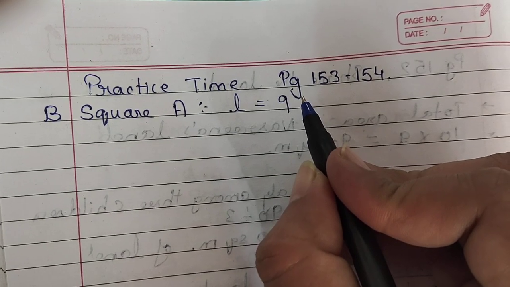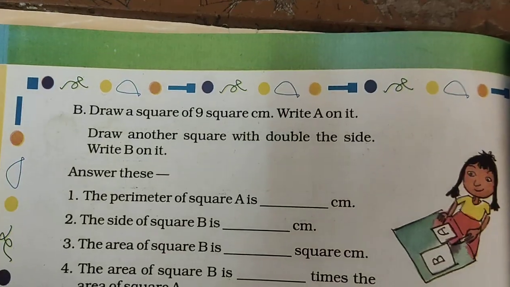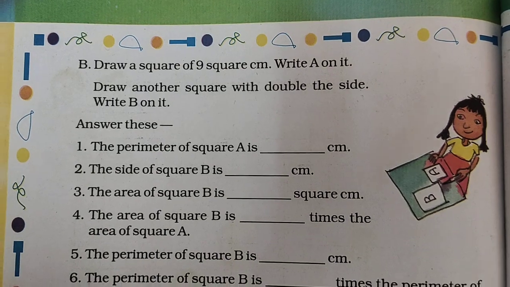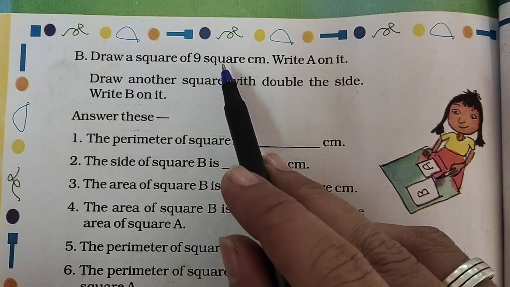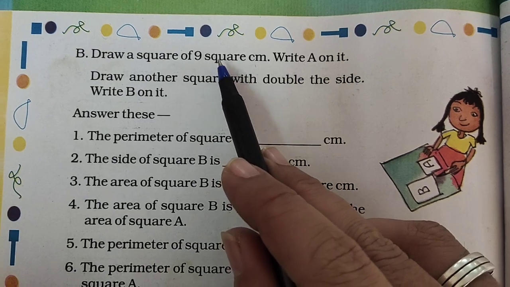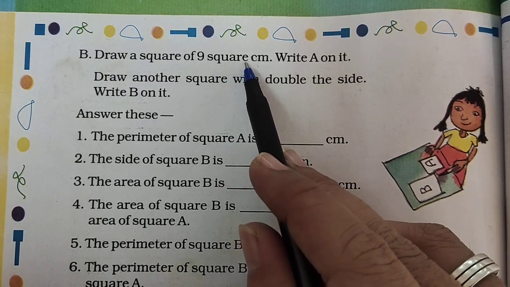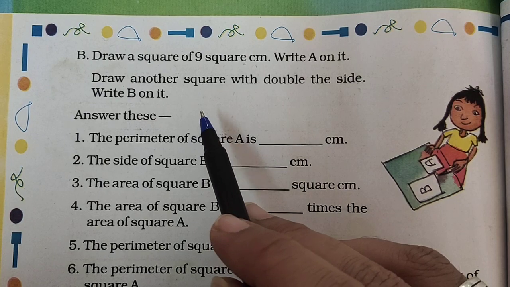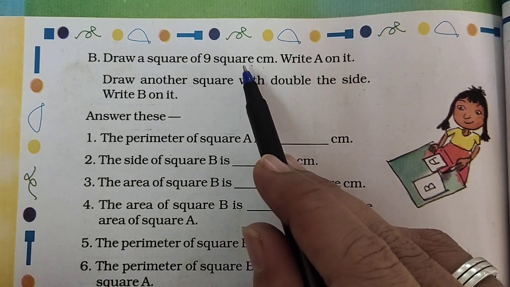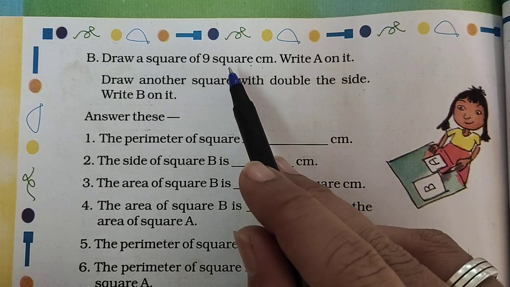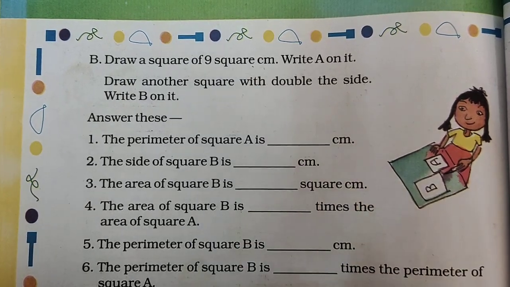Here it is given just draw a square of 9 square centimeter, meaning the area which is given here should be 9 square centimeter. So when the area is 9 square centimeter, then the side will be 3 centimeter.